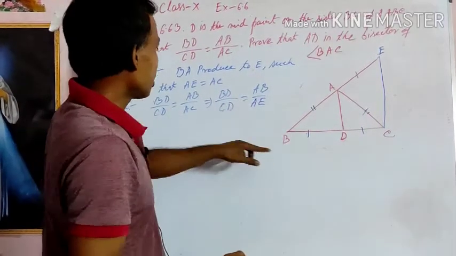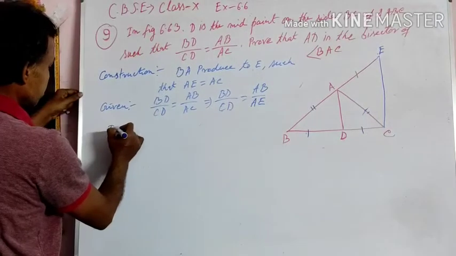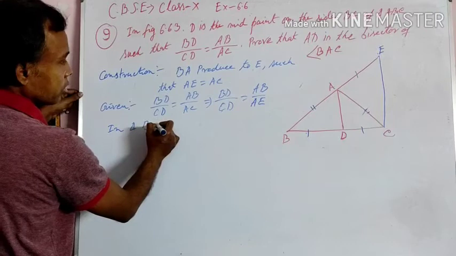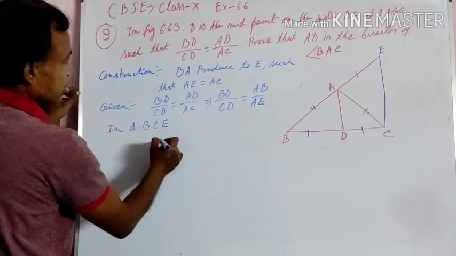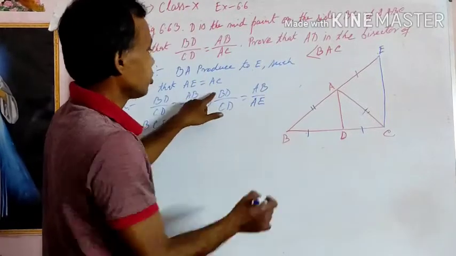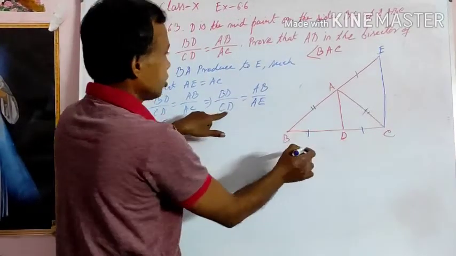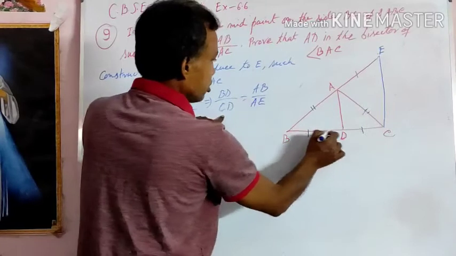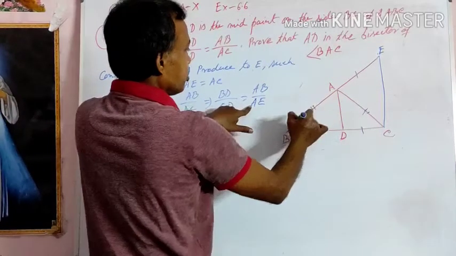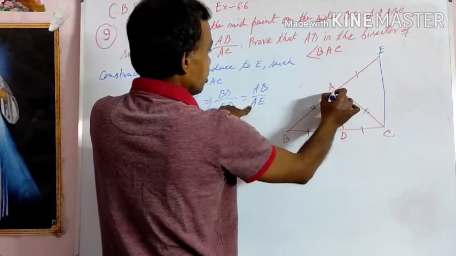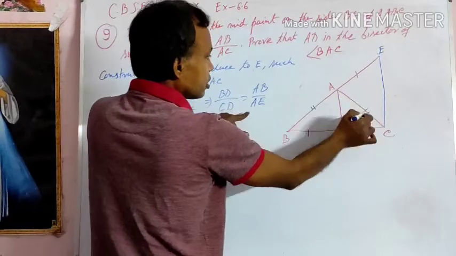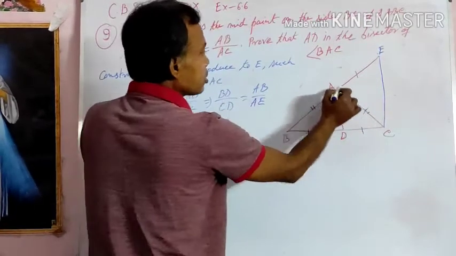So in triangle BCE, BD by CD is equal to AB by AE, because AB or BA is the same, AB by AC is given, and AC is equal to AE.